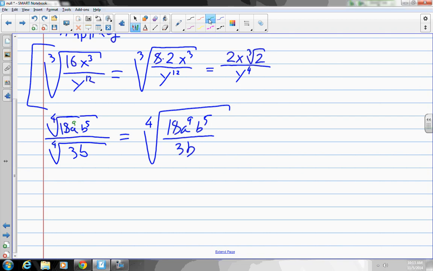So I can certainly reduce this. 3 goes into 18 6 times, and b goes into b to the fifth 4 times. So we're left with the fourth root of 6a to the power 9 b to the power 4.